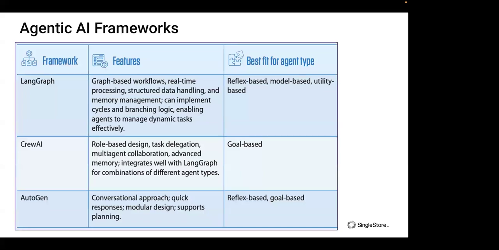And AutoGen is from Microsoft. It has a conversational approach, quick responses, modular design, and supports planning. And since LangChain has the first-mover advantage, most people are using LangGraph and then CrewAI. I really like LangGraph.